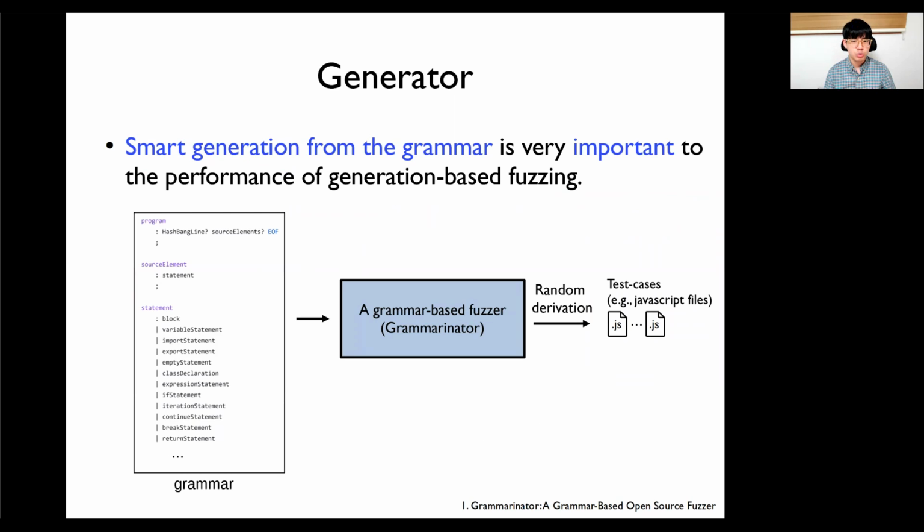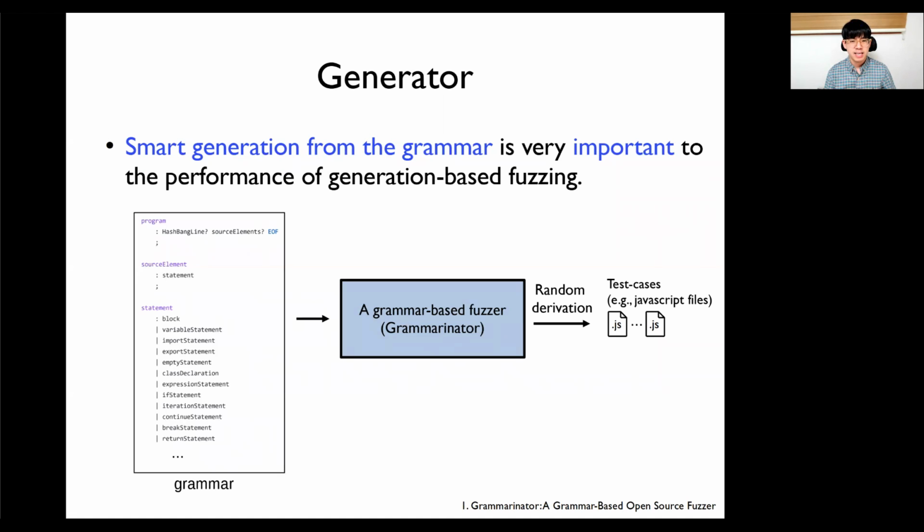Let me show you a concrete piece of evidence for the need for smart generation. Using a grammar-based open source fuzzer named Grammarinator that randomly expands the expansion rules, I tried to generate JavaScript files based on the grammar on the left.